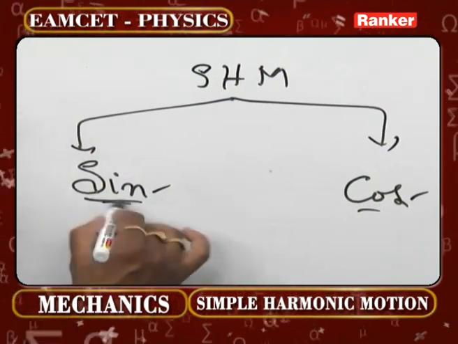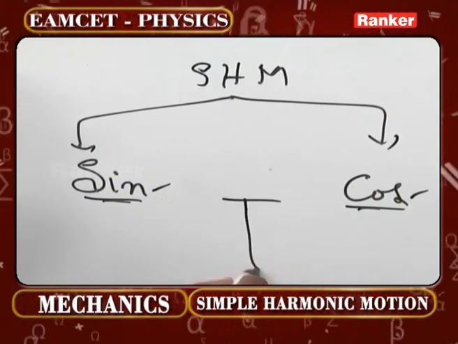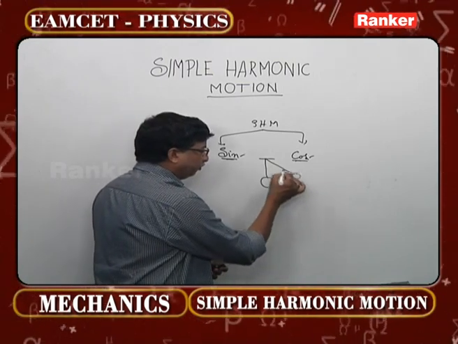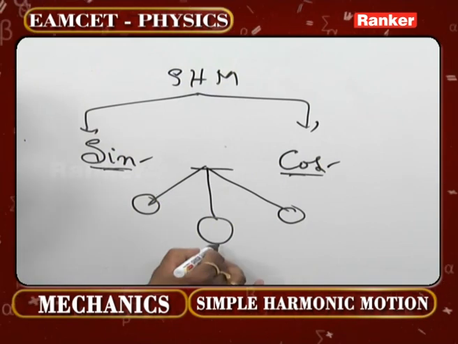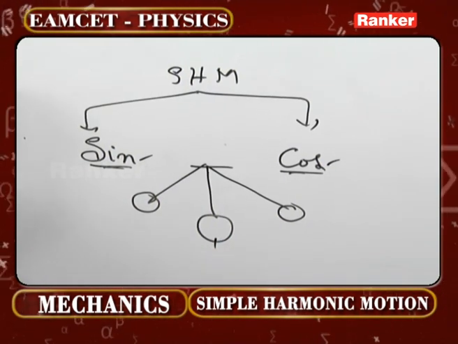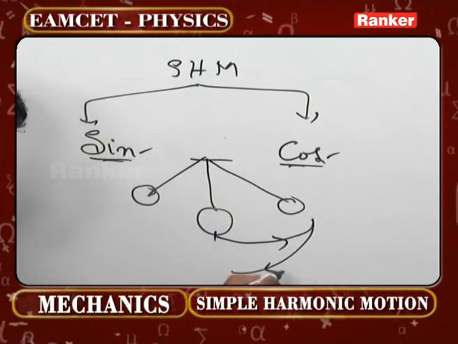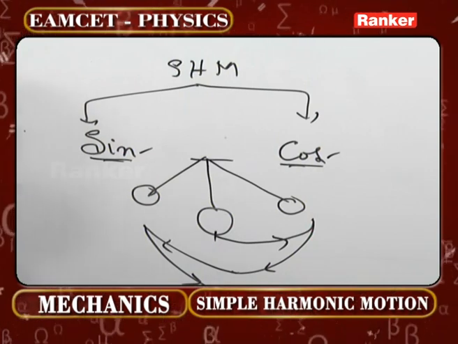But when to take sine function and when to take cos function? For example, if you look at a pendulum which is oscillating, the oscillations can be taken up in many ways. I can start the oscillation from the mean position of rest, it goes towards my right, comes back to mean position, goes towards my left and again comes back to mean position.